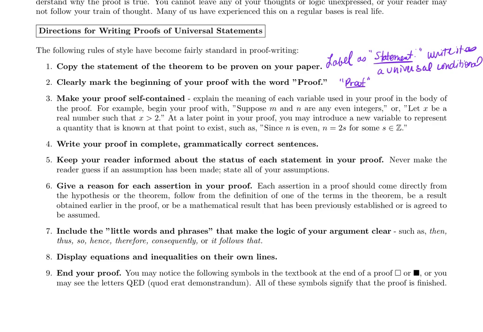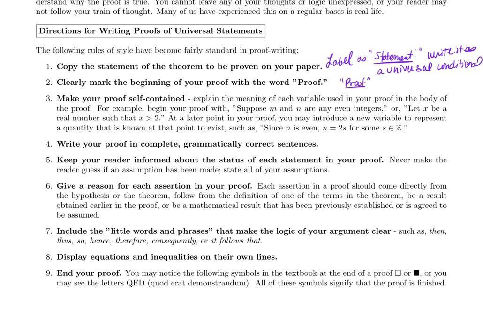So, for example, if you're beginning your proof with suppose m and n are any even integers, or let x be a real number such that x is greater than 2, those would be ways that you would include what types of variables x and m and n are.